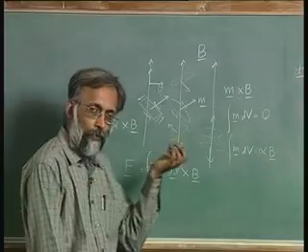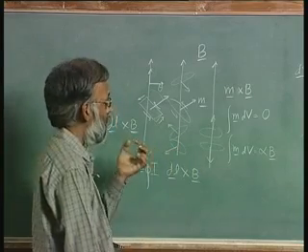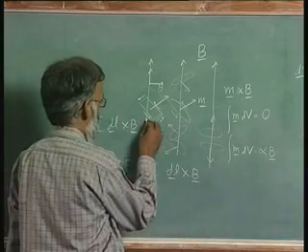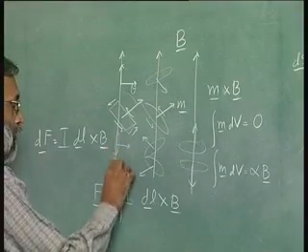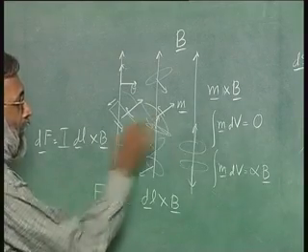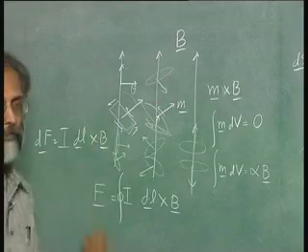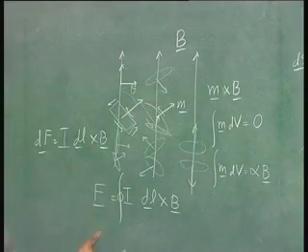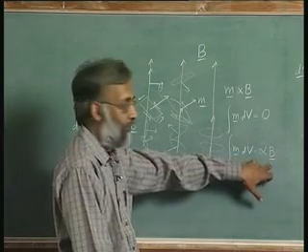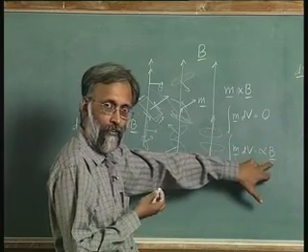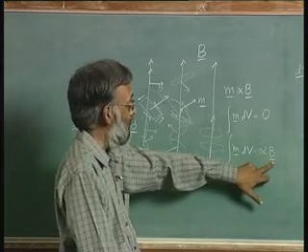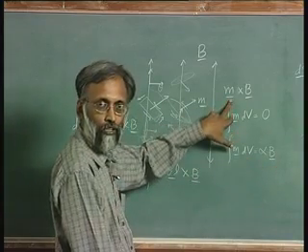So, there is a 1% or 0.5% tilt towards B. What is happening is a spin that is like this is now like this. A spin that is like this has become like this. So, everything is tilted a little bit towards B, the result being that when you average it over, there is a residue. It is no longer 0, the amount that is pointing towards B is proportional to the strength of the B. The reason being that the force is proportional to B.